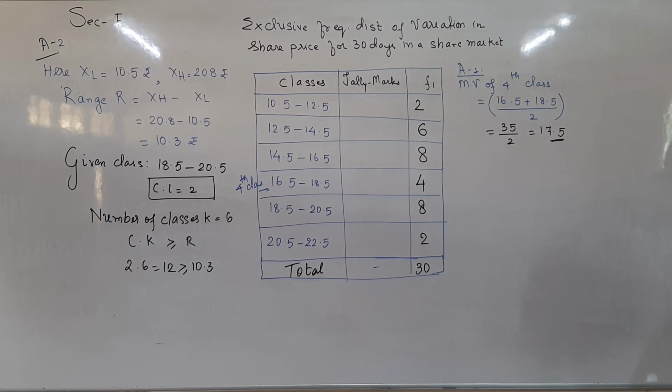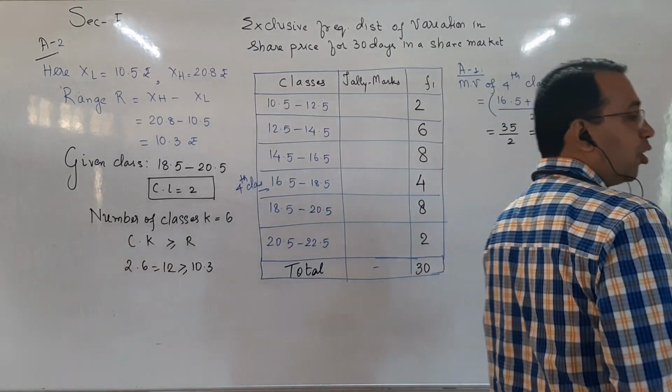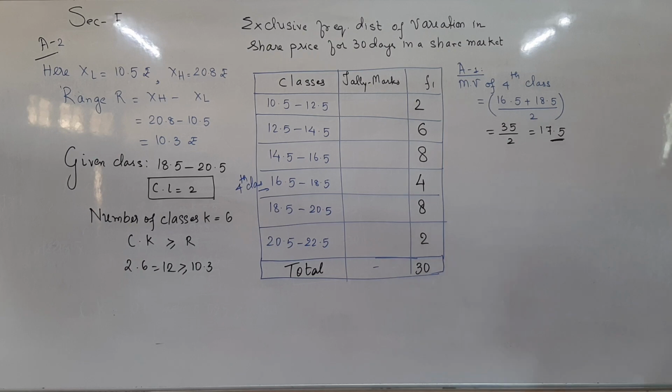Find the number of days during which the price of share is at the most 16.5. At the most 16.5, students. All of you pay attention. So less than or equal to 16.5. So I have to add how many frequencies?